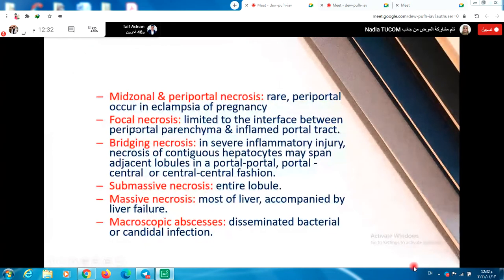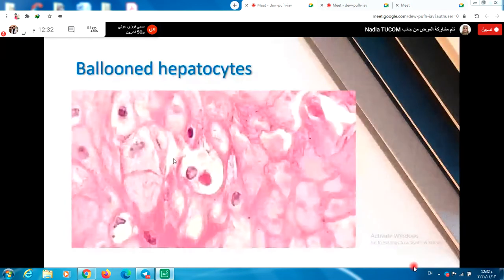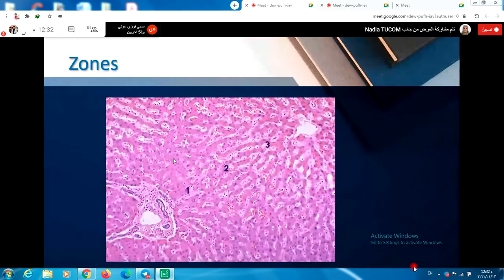Focal necrosis is less severe, limited to the interface between periportal parenchyma and inflamed portal tract. Focal necrosis is mild, as the name says. Bridging necrosis is severe inflammatory necrosis between adjacent hepatocytes and adjacent portal tracts. What do we mean by bridging necrosis?